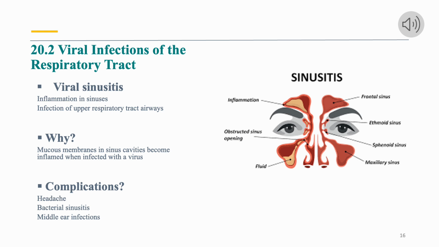The second viral infection of the respiratory tract that I will be covering is viral sinusitis. This is inflammation in the sinuses. It's caused by infection of upper respiratory tract airways.